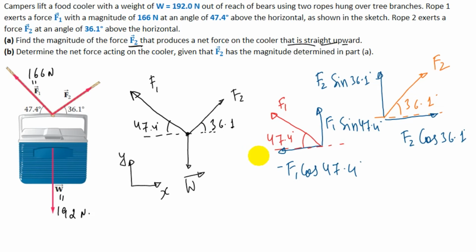Now we know that the net force acting on the object is along the Y direction, and along the X direction the net force is 0. So we can write that sigma Fx should be equal to 0. And in the X direction we have only two forces, this one and this one. So the sum of these two forces should be equal to 0.